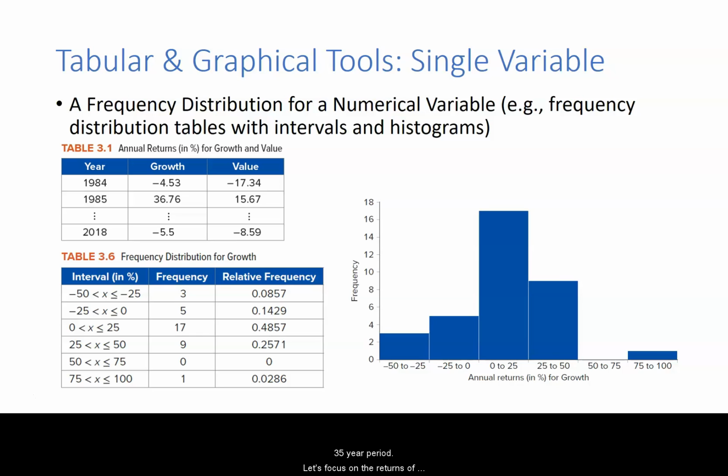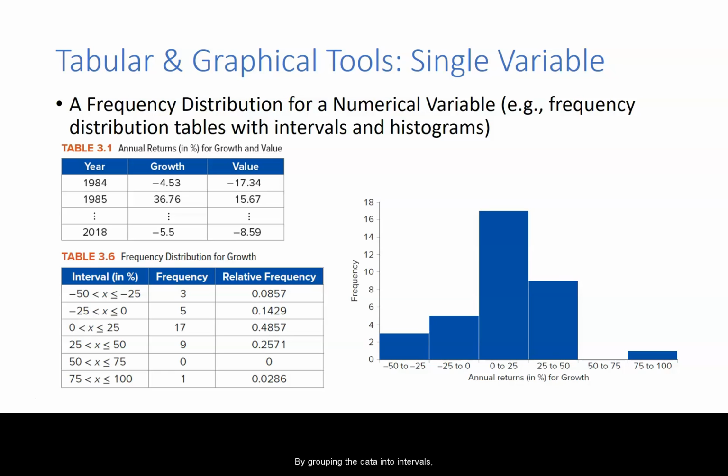Let's focus on the returns of the growth mutual fund for this example. The data in its raw form in Table 3.1 is again very hard to decipher, as the users are often bogged down by the details and the amount of data to process.